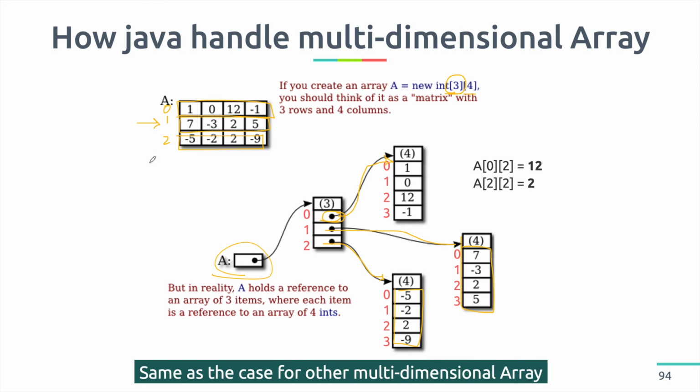So a more efficient way to store this information is to have a one-dimensional array that references other one-dimensional arrays. That way I just need 4 consecutive elements together instead of needing 12 in this case. And the same idea can be extended to multidimensional arrays, not only 2 dimensions.